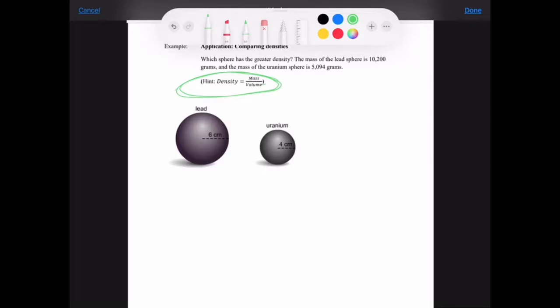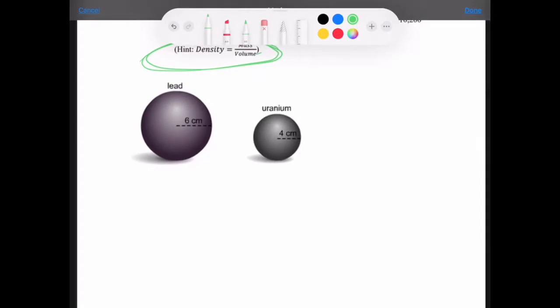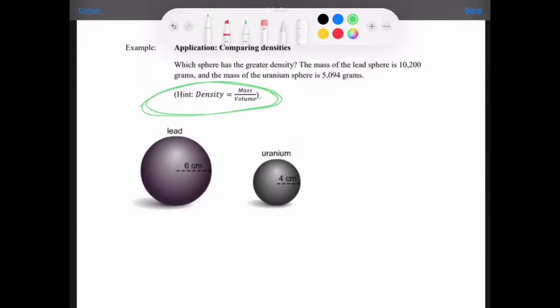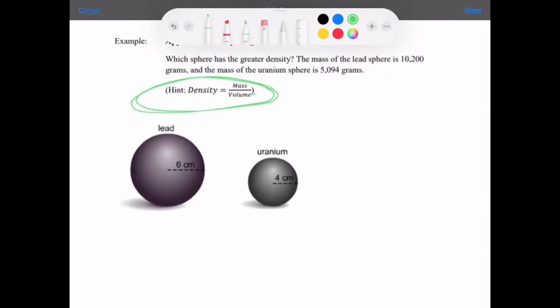So let's see what their scale factor is. So we have 6 to 4, but we're going to talk about volume because it says the density is mass to volume, so we have to find the volume, so we have to cube these.